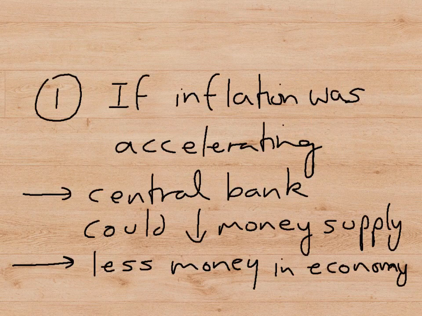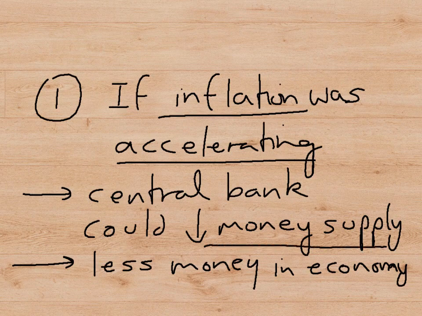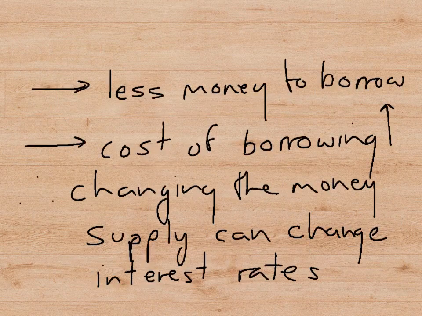If inflation was accelerating in an economy, and the central bank was really worried about that, what it could do is reduce the money supply, and we'll see how to do that in a later presentation. Now that would mean there was less money circulating in the economy. And what effect would that have? With less money in the economy, there would be less money to borrow.